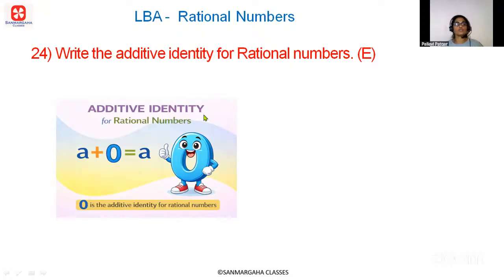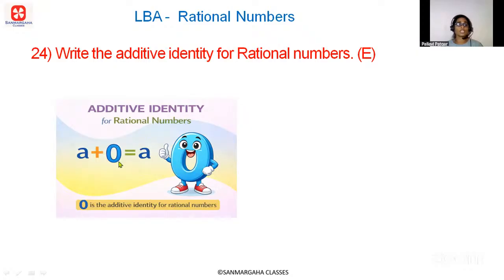When you use it in a specific operation like addition, it does not change the value of the original number. So here we use 0 for any rational number a plus 0. Adding 0 to any rational number results in the same number.